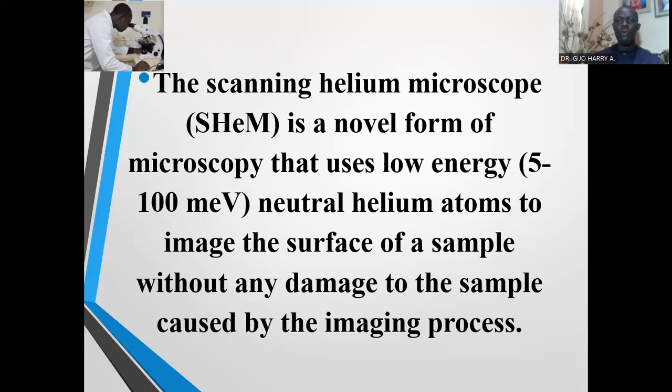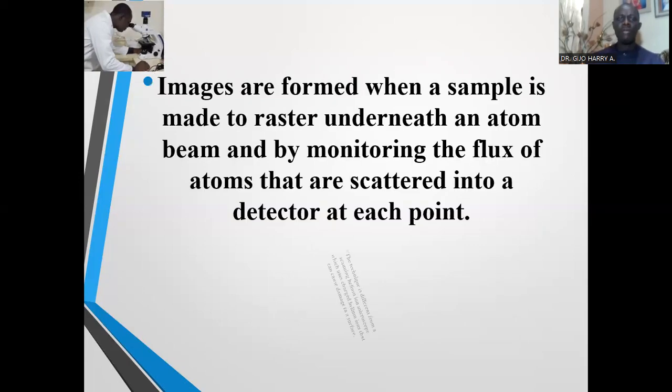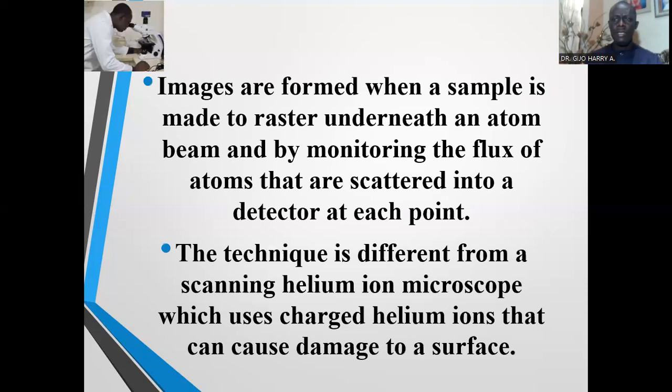And one very important feature is that the samples are not damaged in any form during the imaging processes. That's one advantage of the scanning helium microscopes.